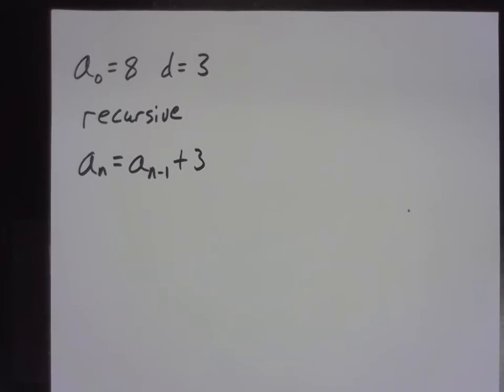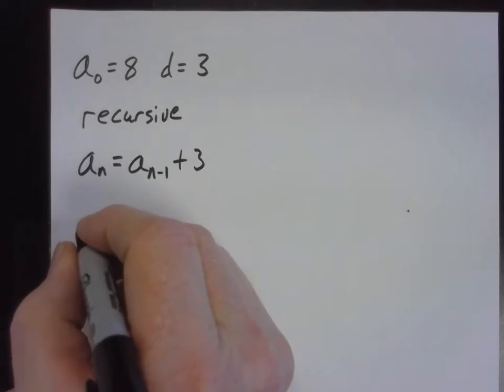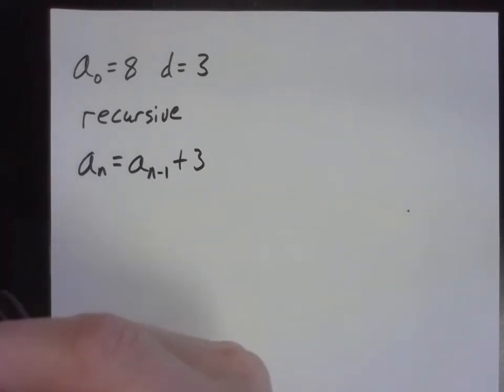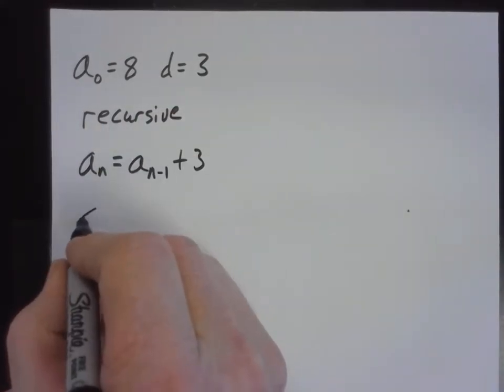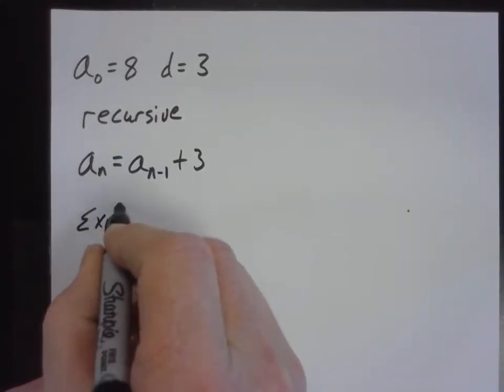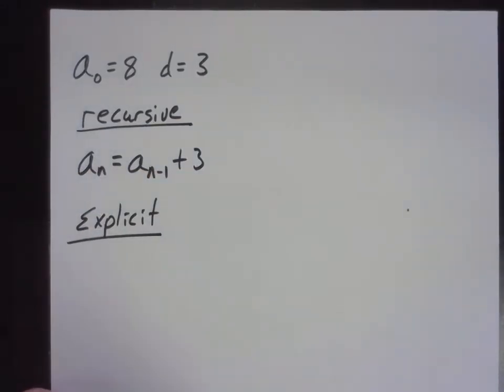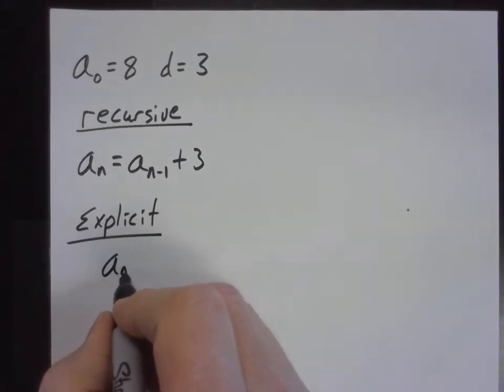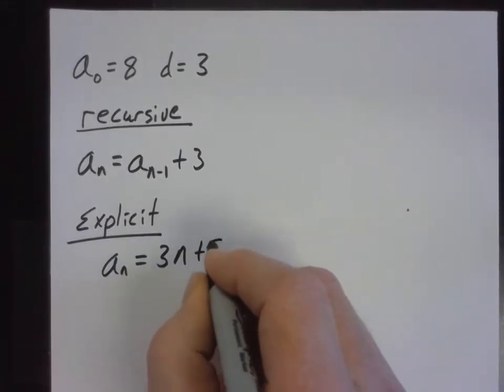Okay. Now, better to know, not just how to find the next one, but how to find any one that we want. So we have to talk about now an explicit rule, which is actually what we've been doing. Our explicit rule would look like a sub n equals 3 times n plus 8.